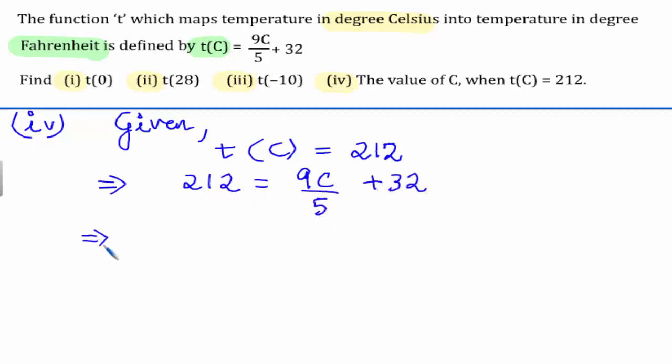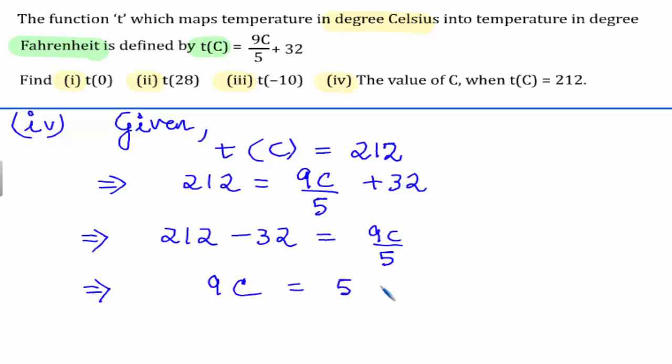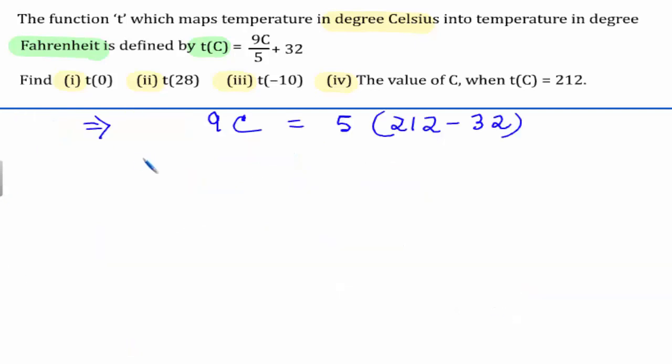This implies 212 minus 32 is equal to 9C by 5, which can be written as 9C is equal to 5 into 212 minus 32, which implies C is equal to 5 into 180 by 9.